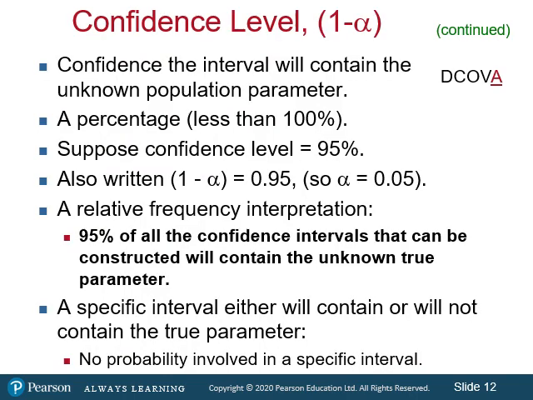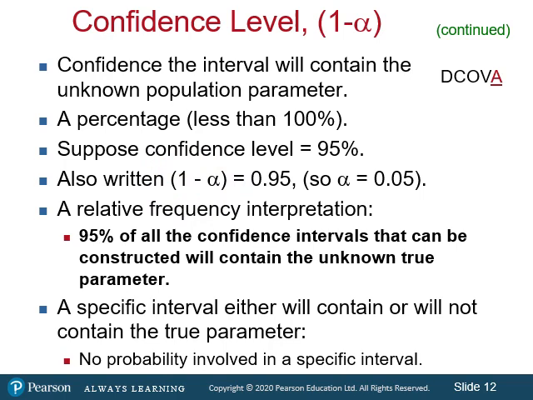The confidence level, which is denoted by 1 minus alpha here, is how confident we are that the interval will contain the unknown population parameter that we are estimating. This percentage will be less than 100%. Suppose the confidence level is 95%, also written as 1 minus alpha equals 0.95. So your alpha is actually 5%.